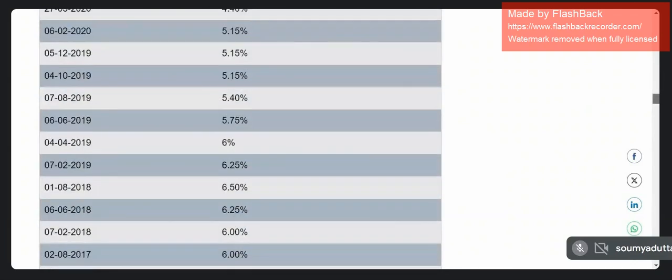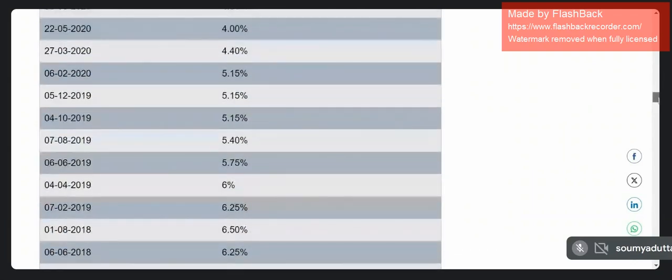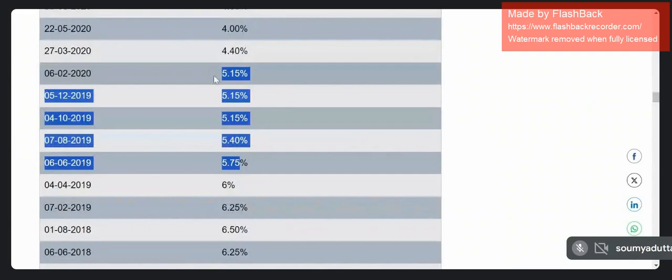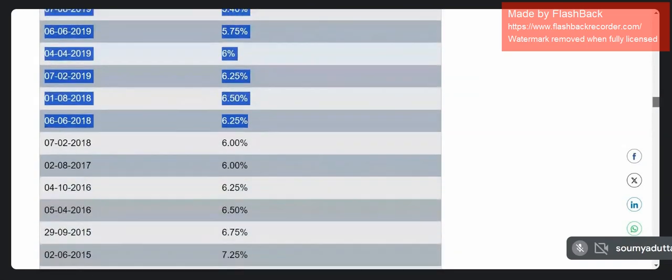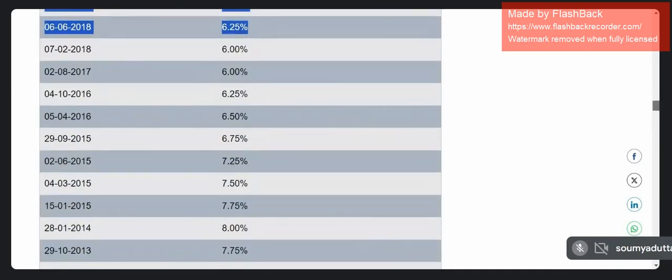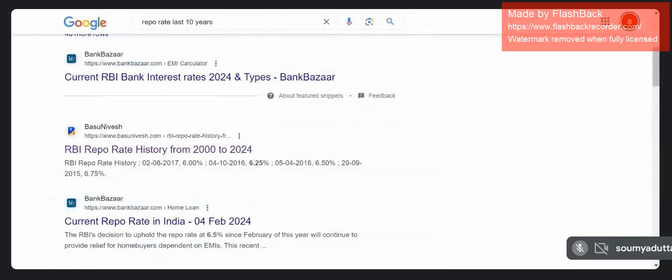In 2019, if you look, the repo rate was high, and in 2018 also the repo rate was high, so they got less. There are other factors also affecting this, but usually when the repo rate increases and loan rates are high, these guys get more interest income.